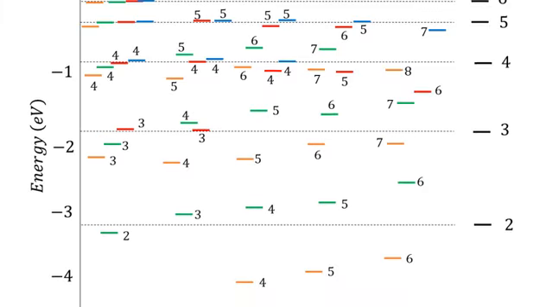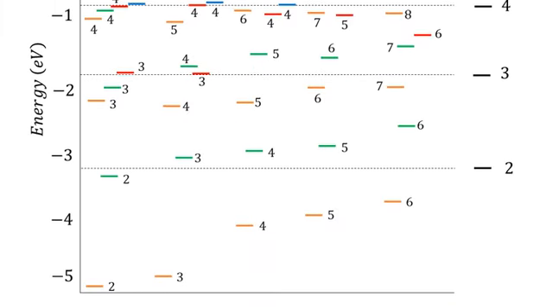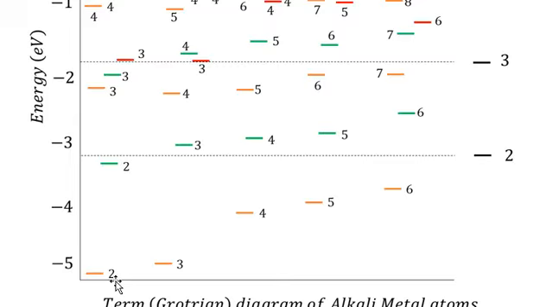So now let's start with the lithium atom. You can see the numbers 2, 3, 2, 3, 4, 5, 3 with these colored lines. These are actually the principal quantum numbers corresponding to the different terms.